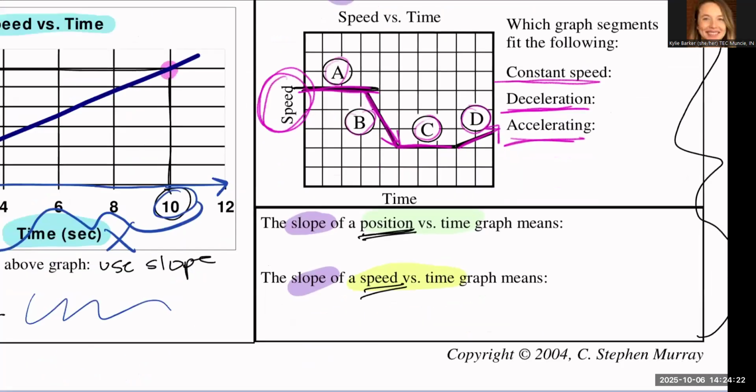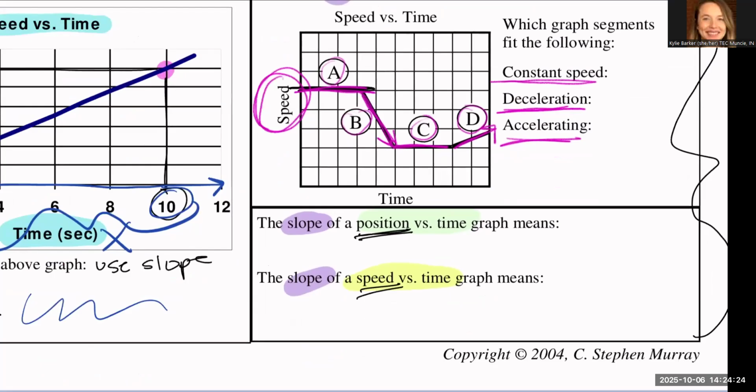And then lastly, we're going to read these 2 sentences and they're very similar. The slope of a position versus time graph compared to the slope of a speed versus time graph. There is a difference. This is the one that we did yesterday.